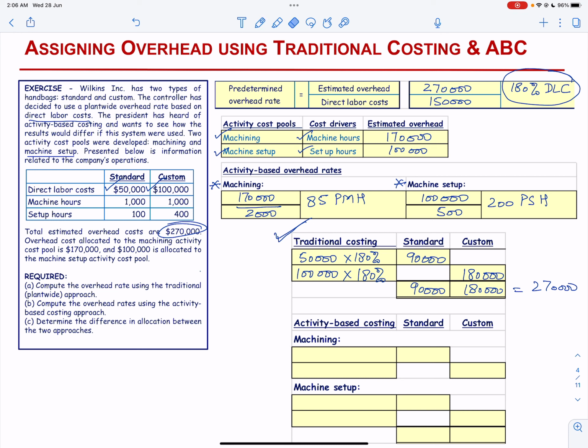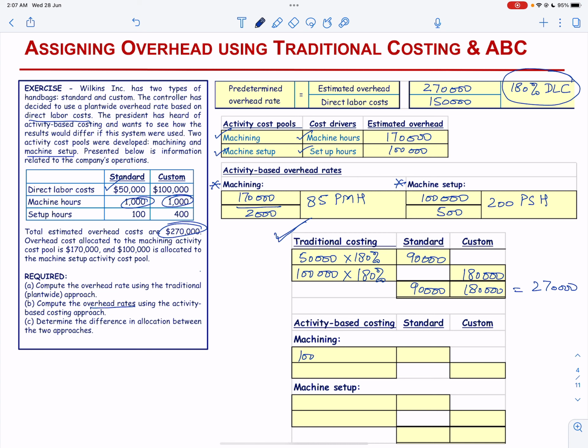Next, we are going to compute the overhead rate using the activity-based costing approach. So for this we are going to use the machine hours, and that is 1,000 for both standard and custom.